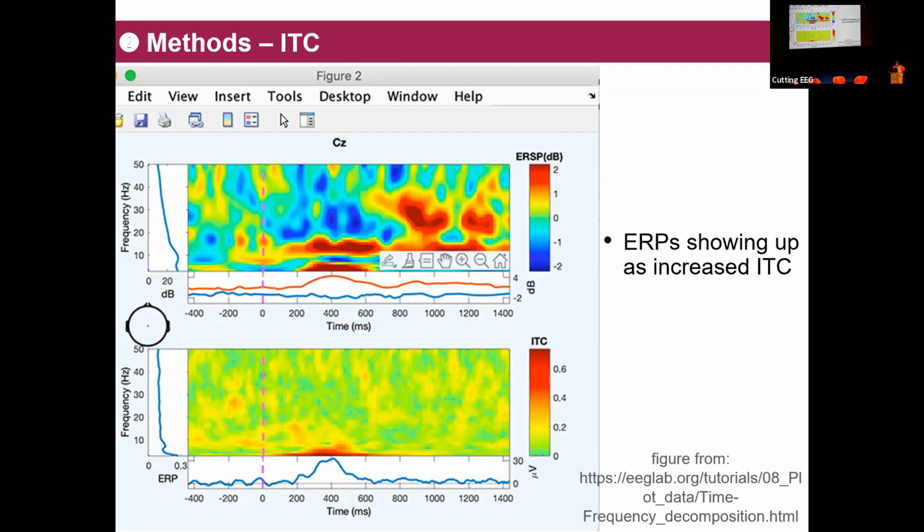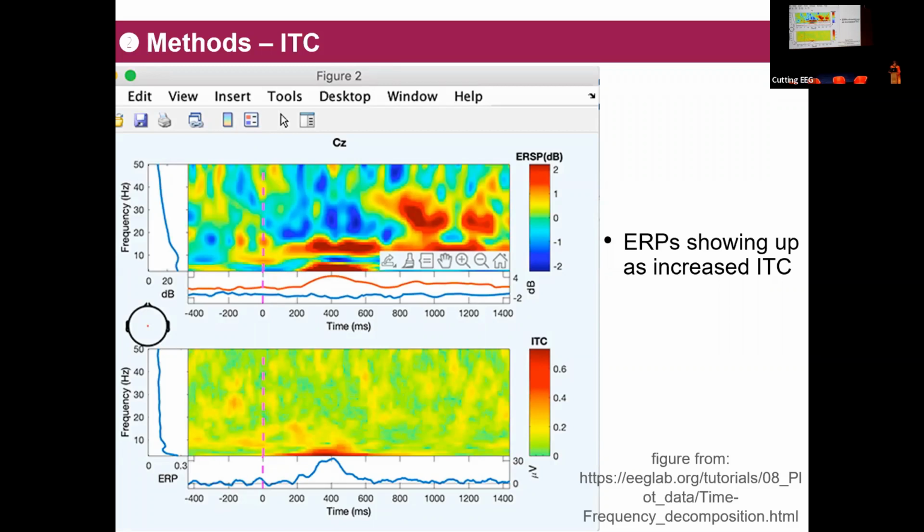And a typical picture that you will see is that intertrial coherence is large for these very low frequencies. And what this will capture is it will capture the ERP. Okay, so if it captures the ERP, maybe it's better to look at ERPs directly if you're interested in this specific aspect.